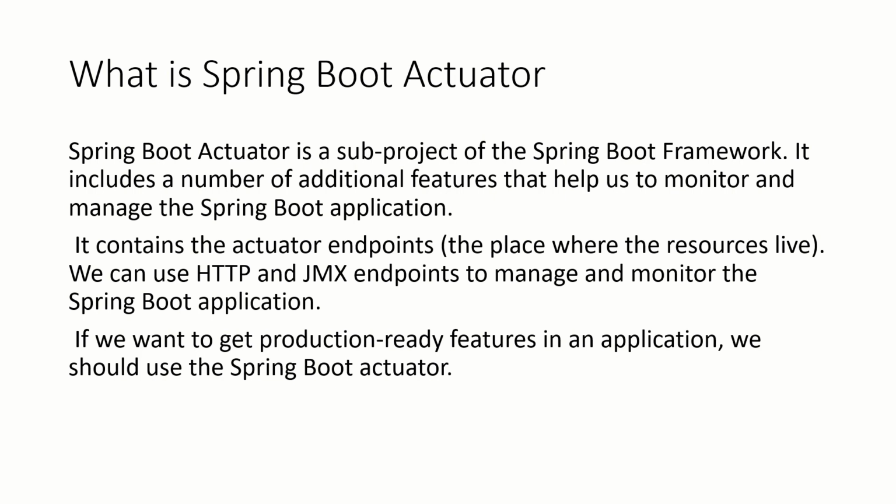It includes a number of additional features that help us to monitor and manage the Spring Boot application. So the main purpose of Spring Boot actuator is to help us monitor and manage the Spring Boot application. When we include the Spring Boot actuator in our application, it will bring us a lot of features that help us in monitoring and managing it.